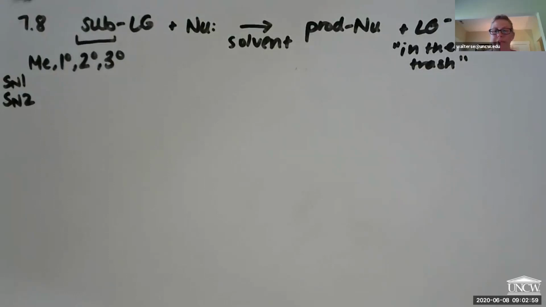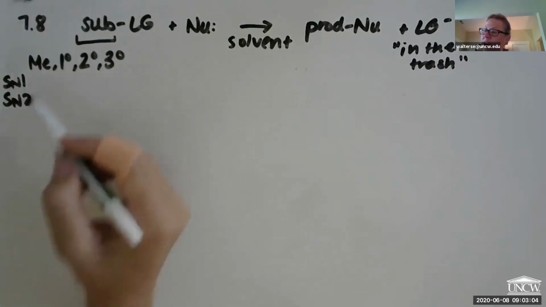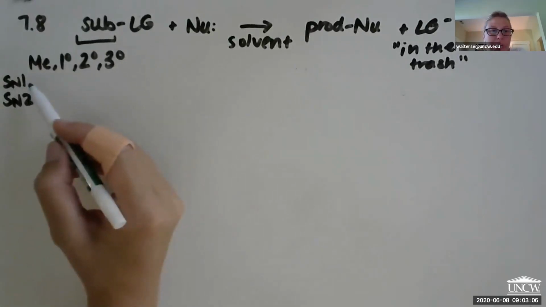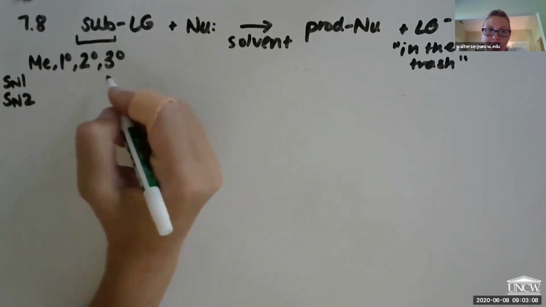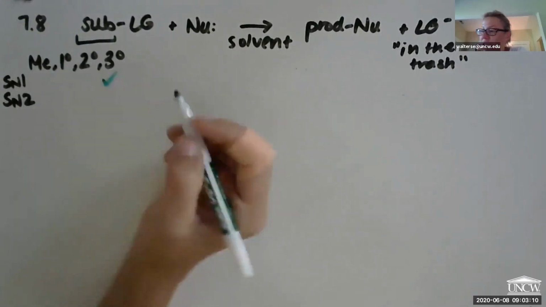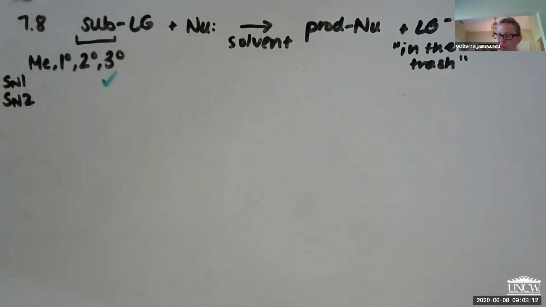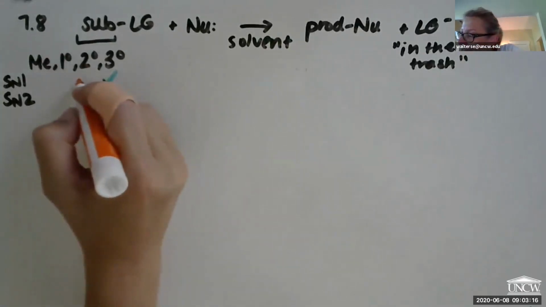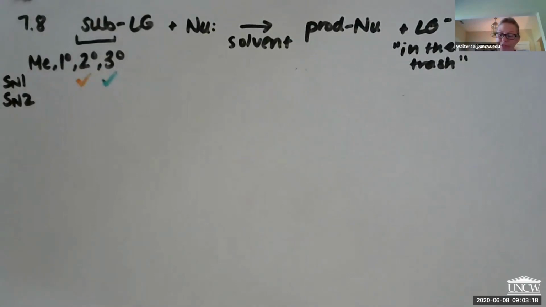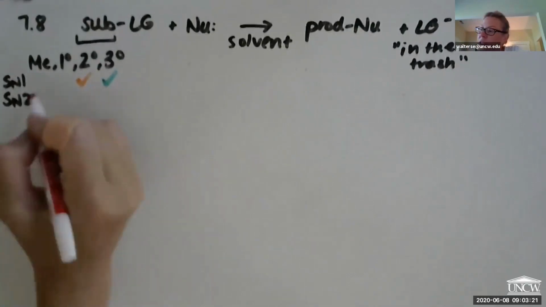Okay, so when you have SN1, this is a 2-step reaction, so you have to make a carbocation. So the tertiaries will always go through that mechanism. The secondaries will as well, but you have to use some caution.